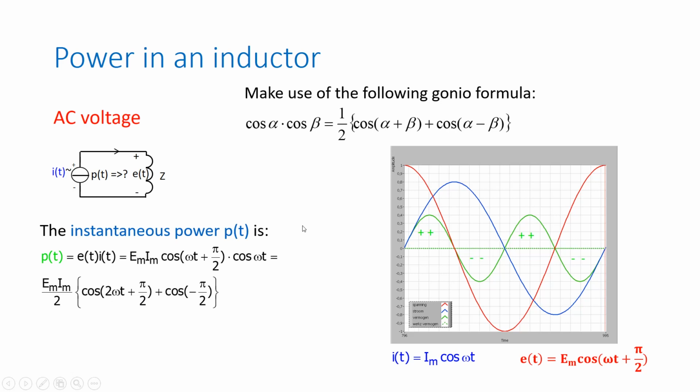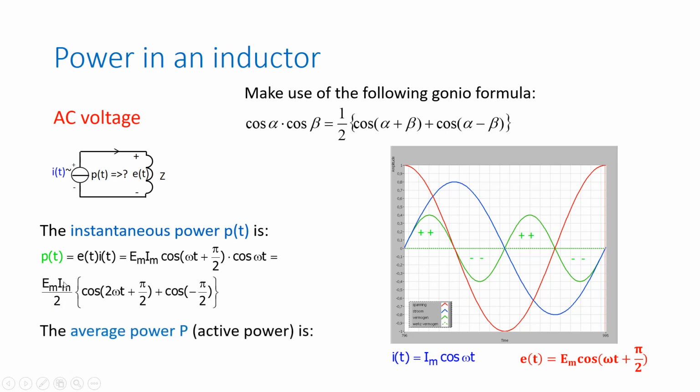Here's my double frequency, which we have seen in this graph, the green graph, with respect to the voltage and the current. What we also see is that the amplitude of the voltage times the amplitude of the current divided by 2 can be written as Em divided by the square root of 2 times Im divided by the square root of 2. So this is equal to the RMS voltage times the RMS current.